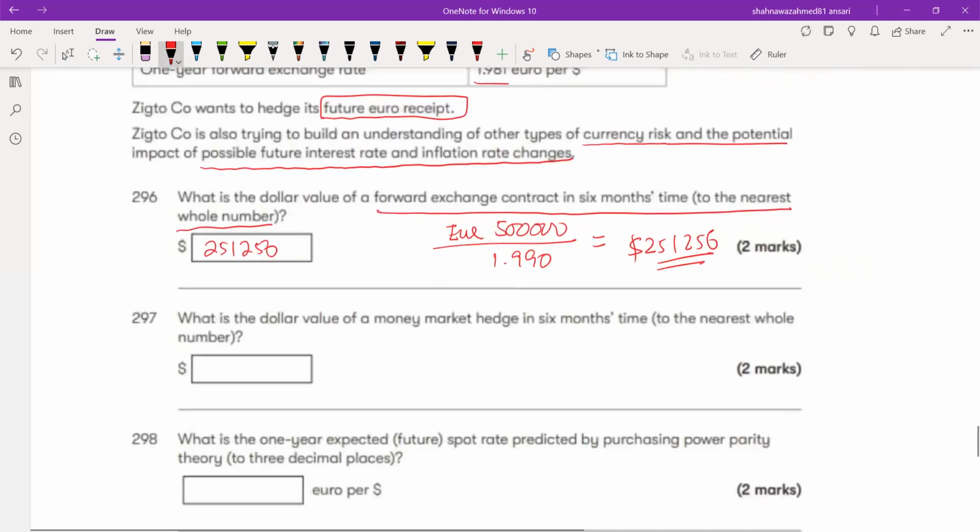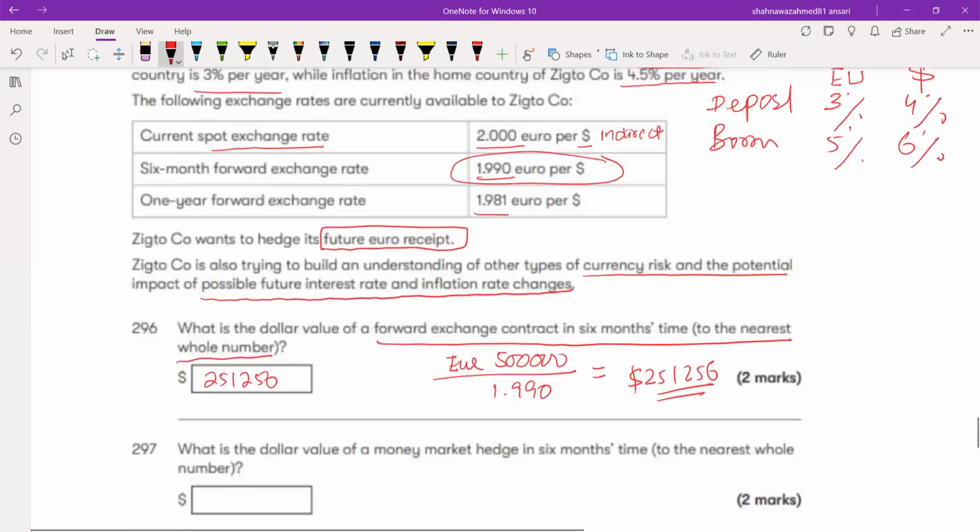Next is, what is the dollar value of a money market hedge in 6 months' time to the nearest whole number? So now we have to apply the money market receipt case. So first of all, we have to convert this into present value. We need to have a borrowing rate in euro. So what is the euro borrowing rate?